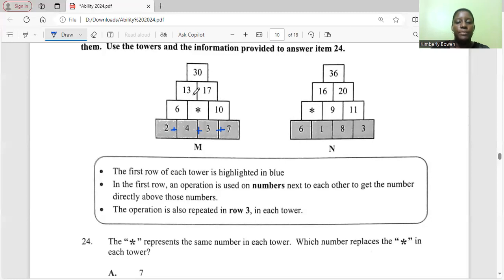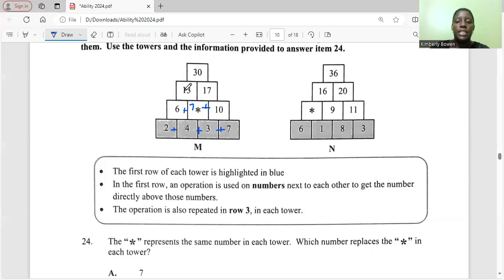I'm just checking. Let's look at this one now. 3 plus 4 gives you 7. 7 plus 6 gives you 13. Looks correct. 7 plus 10 gives you 17, and 13 plus 17 gives us 30.